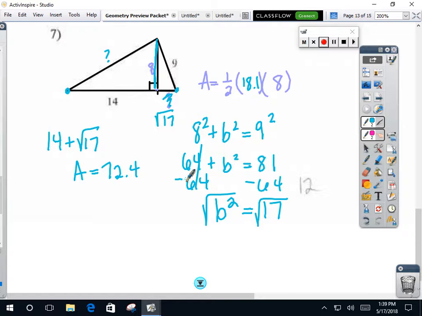It's all a matter of rounding. Like, did you actually type in 14 plus square root of 17 right here? Uh-huh. No. You've got to go ahead and type this whole part in for the B. Either add it together and put it in, or literally type in 14 plus square root of 17.